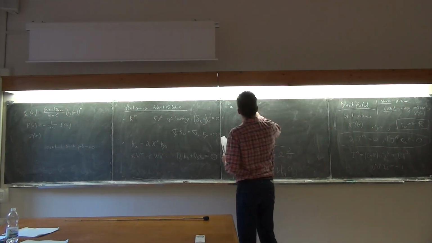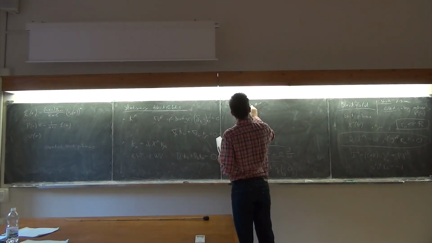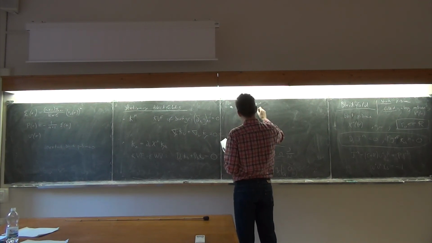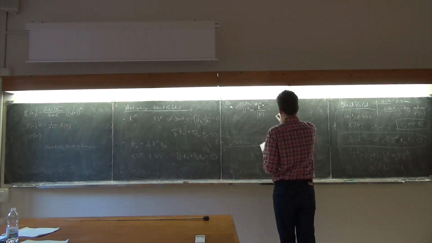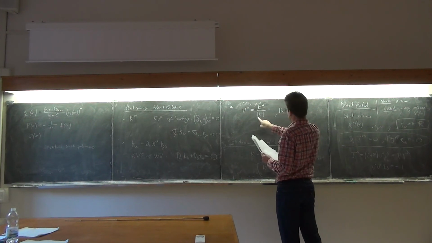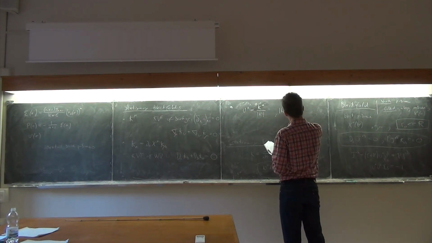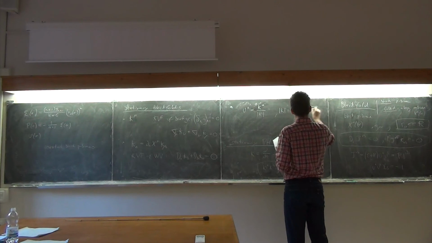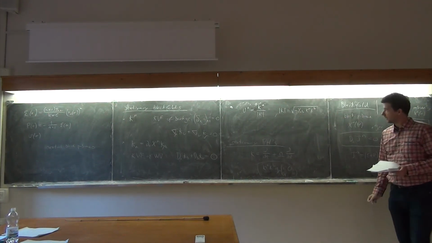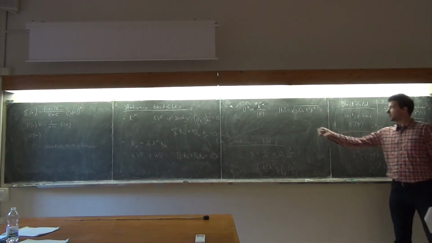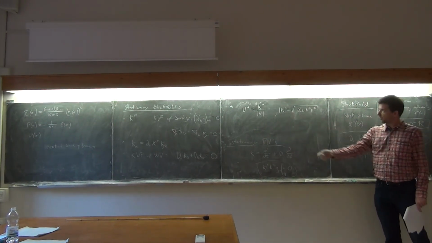Specifically, since the velocity field is normalized to -1, we can write it like this, where what we call the norm of the Killing vector field is this. The minus is there just because otherwise you don't get something positive.